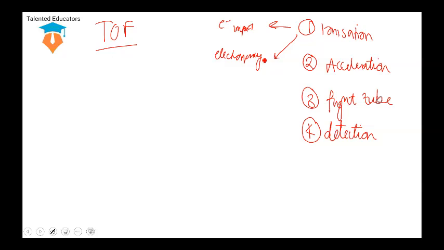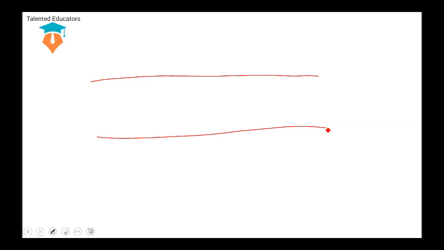So let's actually do this on another slide. Draw this out for you. So this is my time of flight tube. This is my detection box. So it's got D for detection. I'll explain to you in a minute what each of these stages mean.